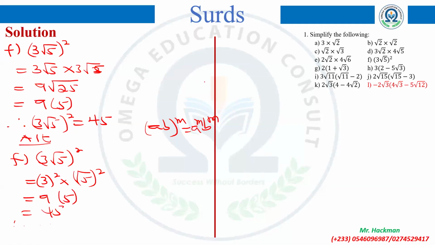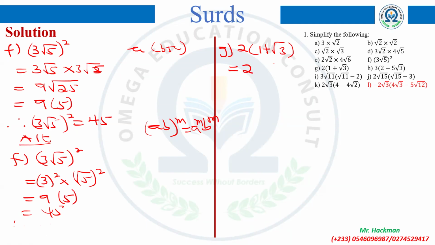So quickly, let's go and look at that of G. What are we given? We've been given 2 into 1 plus root of 3. So this will be equal to, the same way you distribute, if you have A into B plus C, it will be A times B plus A times C. So this will multiply 2 times 1, which will give you 2.